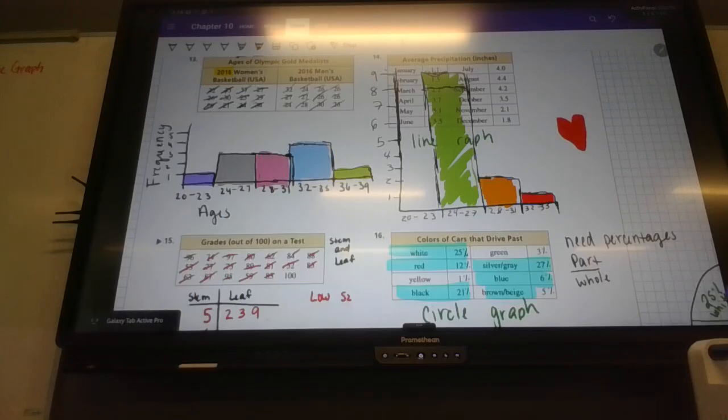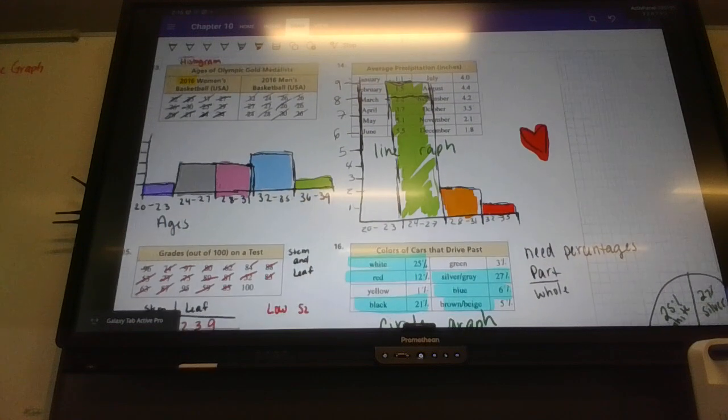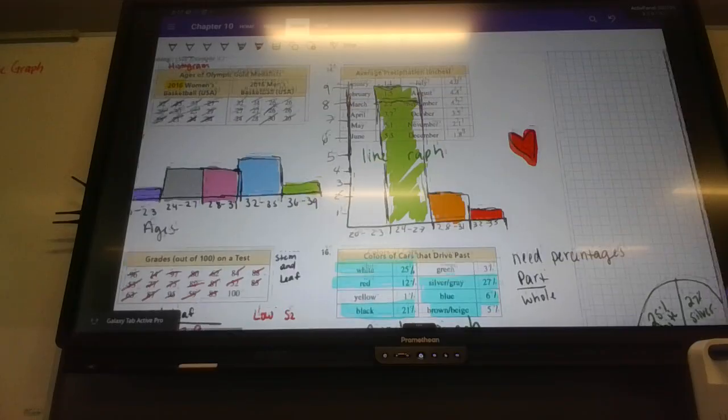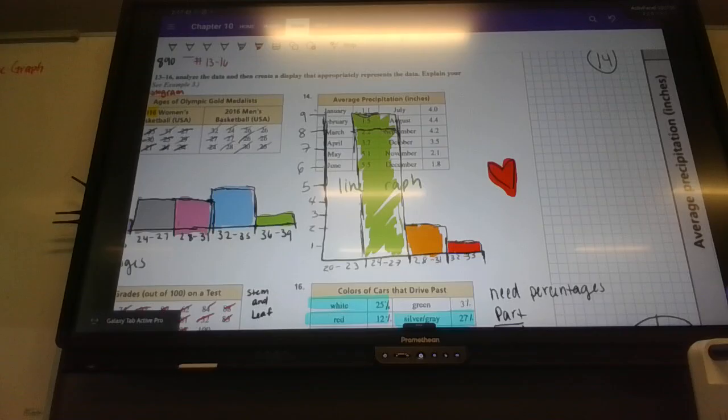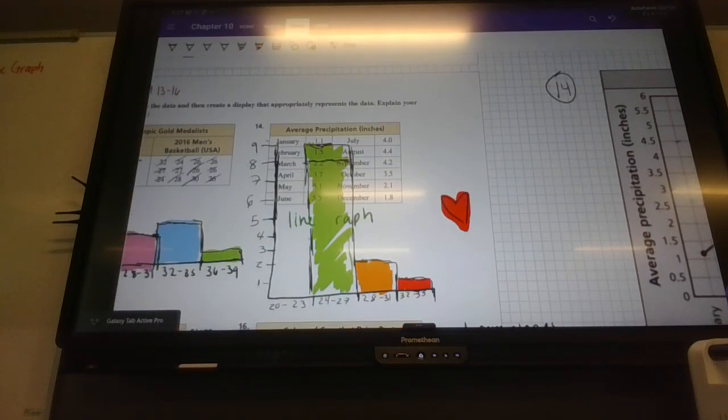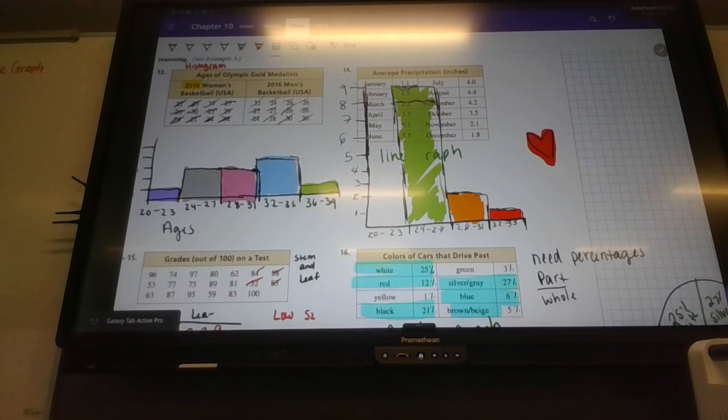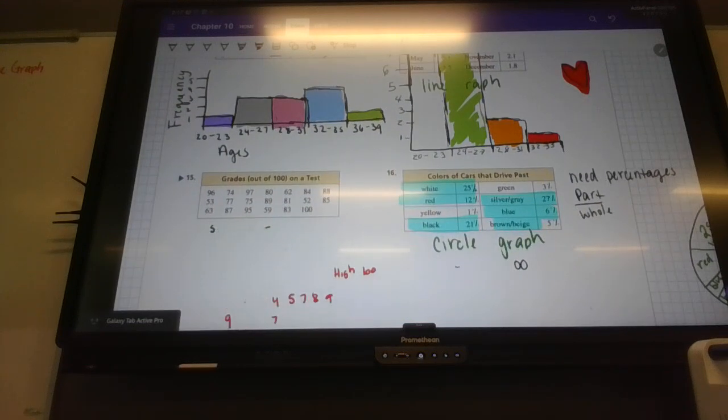Alright, the next challenge is to make a line graph for the rain. Or should we just do stem and leaf?